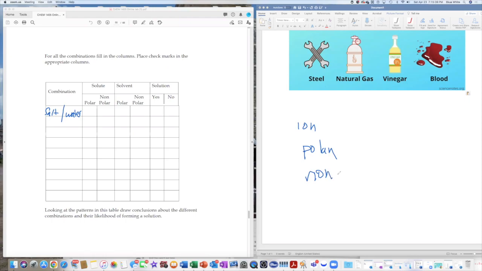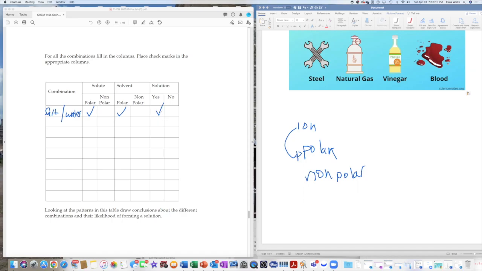Oh, excuse my handwriting, polar. It's supposed to be R, I just dragged it a little bit. Okay, here they break it down to just polar and non-polar. So if anything is ion, just label it as polar, okay? So salt will be labeled as polar, and our solvent is water, that will also be polar. So of course, if it's polar and polar, we expect to have a solution. So solution, yes.